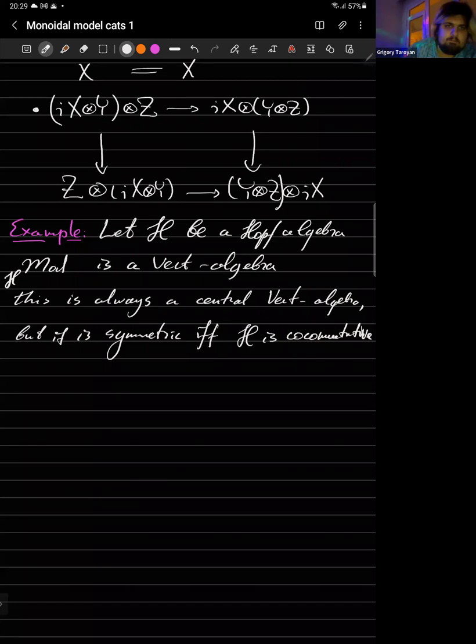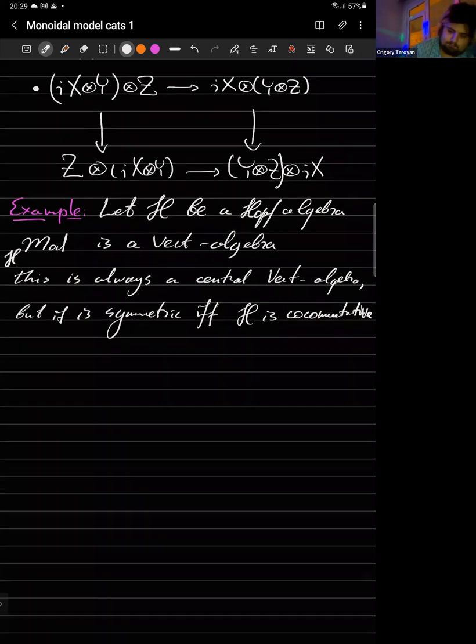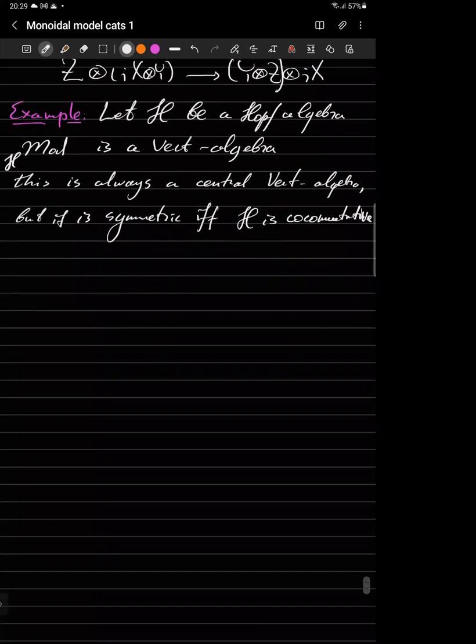Okay. So now, I is an inclusion of vector spaces as trivial modules.